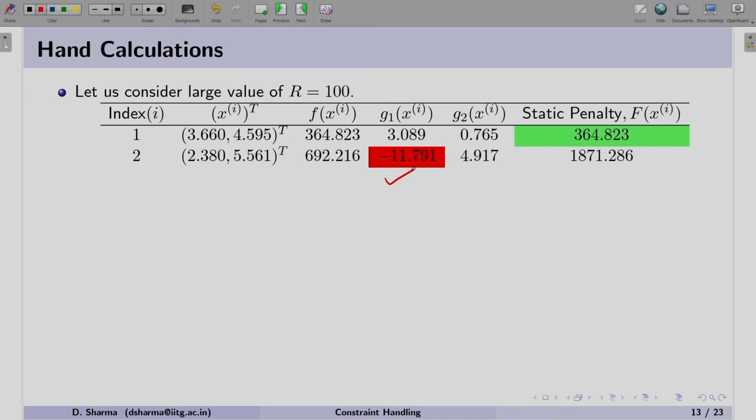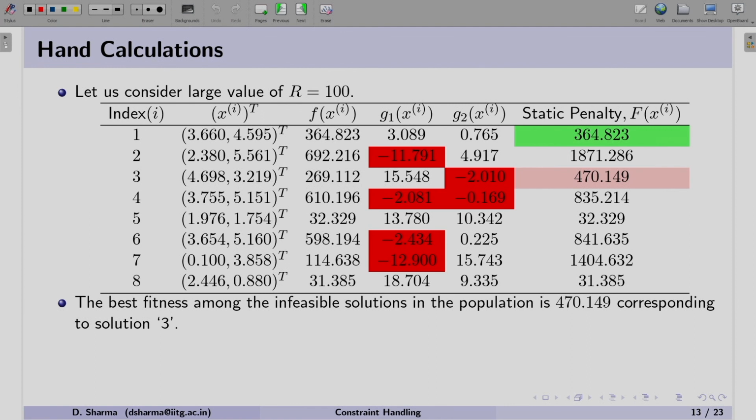Since G1 is not satisfied, by using the formula of static penalty, the fitness value or the static penalty function value is given in the last column. So, the observation here is, as and when we increase the value of r, the static penalty function value increases according to r, which is currently a large value.